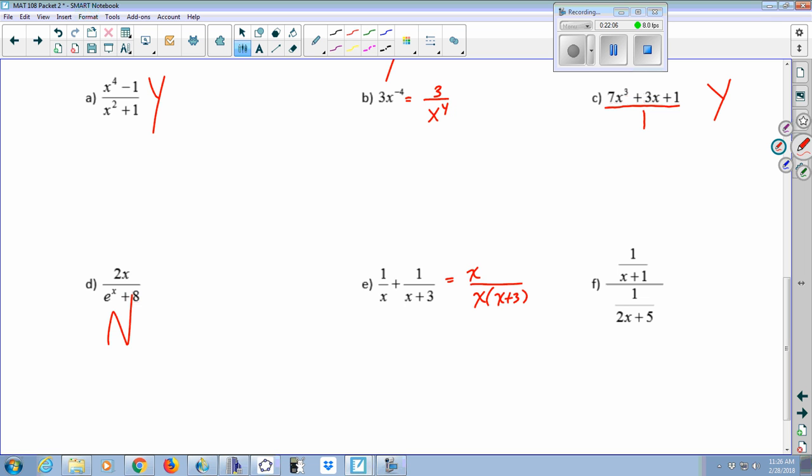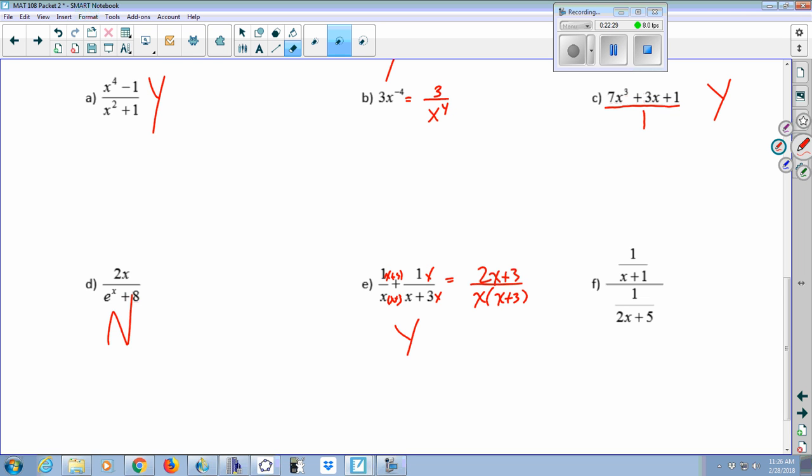So on top you'd have x plus 3 multiplied this first fraction by x plus 3 over x plus 3, and then this fraction by x over x. So we'd get x plus 3 plus x, which is 2x plus 3 over the denominator. So yep, now it looks like a rational function, so the answer is yay.